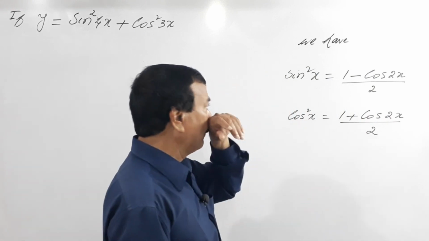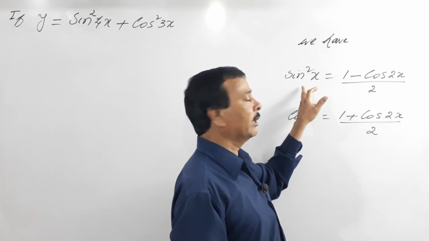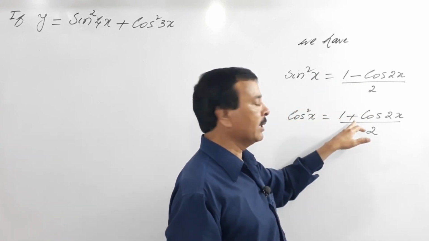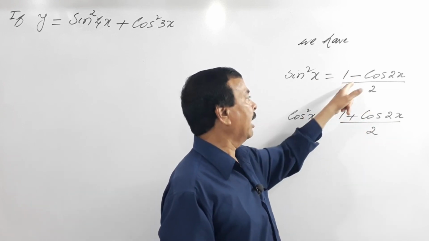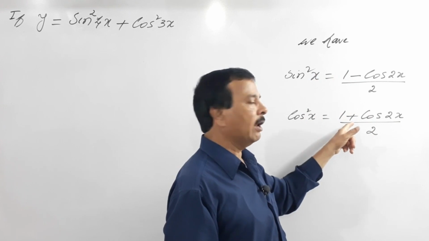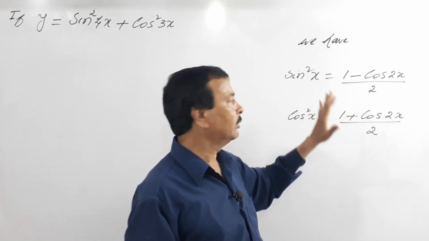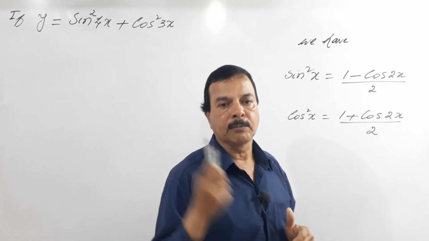See here, both are more or less the same formula, the only thing is that we have minus when concerned with sin square x. When it is cos square x, we will have a plus sign. So don't get confused in the examination. Sin square will have a minus value and cos square will have a plus value, and the formula is the same. So you have to memorize these formulas. Without knowing these formulas, you can't proceed, you can't go ahead, and you can't solve the problem.